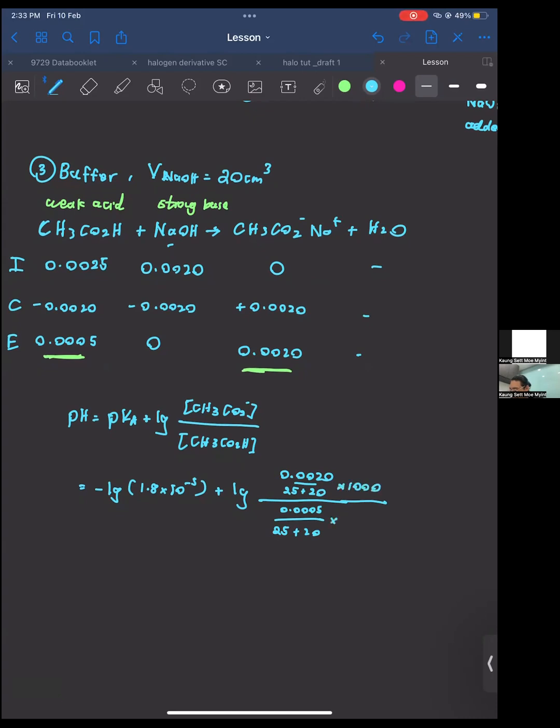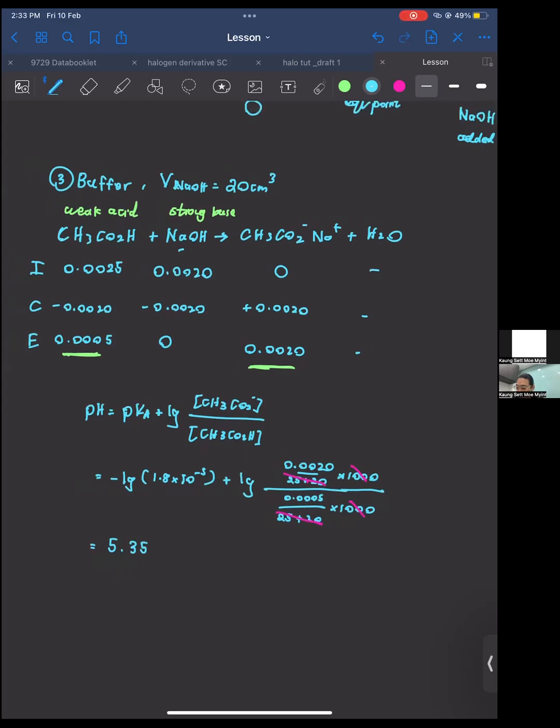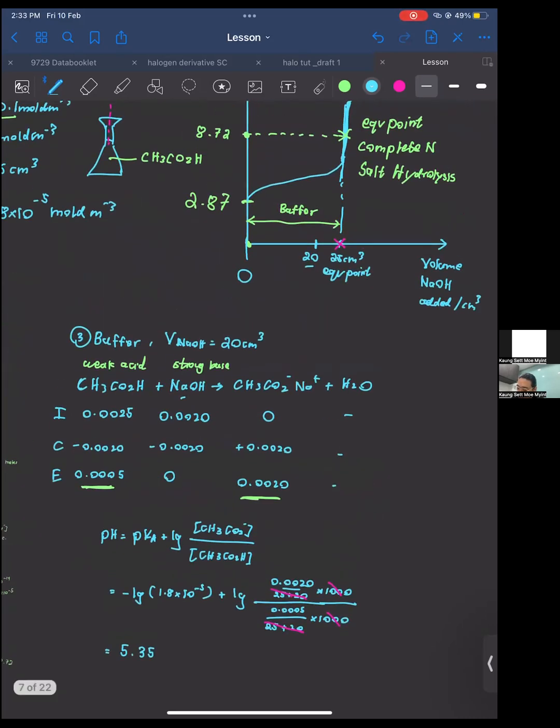Convert everything back to dm cubed, but if you're really sharp, you can see that I can cancel off all these terms because they are repeated on the numerator and denominator. You don't even need the volume, you just need the moles. When you calculate this pH, you will get 5.35. Just put it inside the calculator and calculate accordingly. Yeah, so this will give you the pH at 20 cm3.